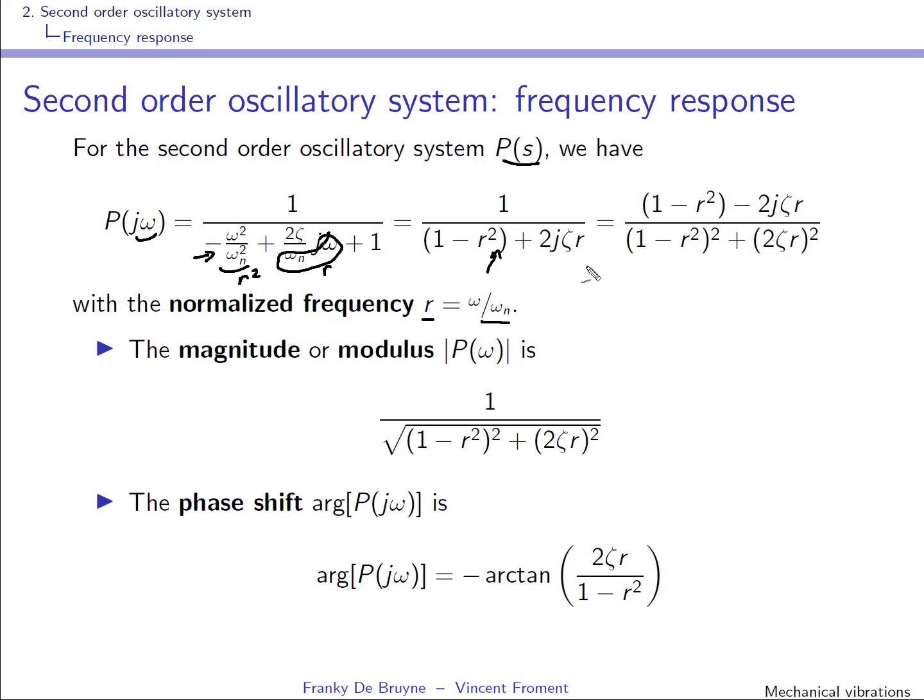You know from complex calculus that you can multiply numerator and denominator by the complex conjugate of this one here, and you obtain this quantity. This allows you to compute the magnitude or modulus as a function of R, and the phase shift or argument as a function of R.